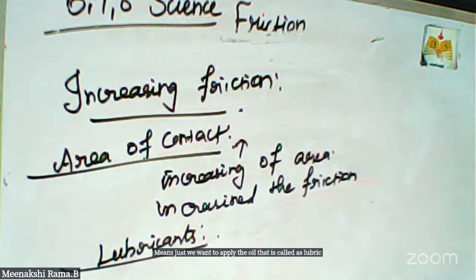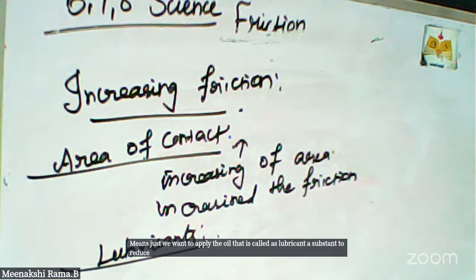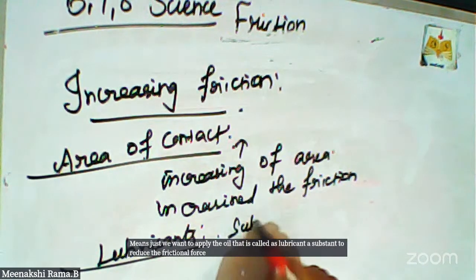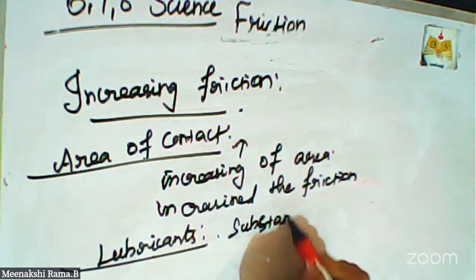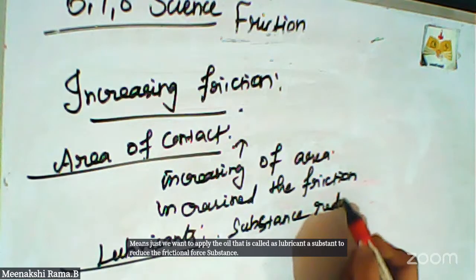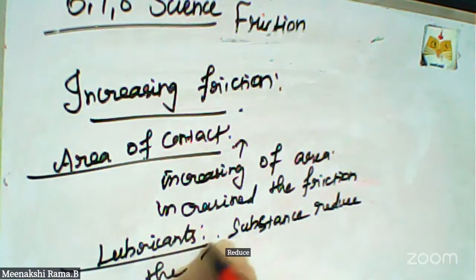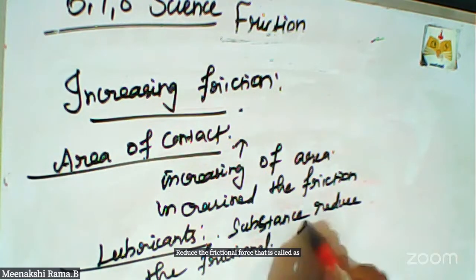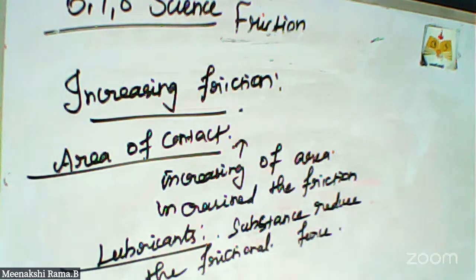A substance that reduces the frictional force is called a lubricant. Examples of lubricants are grease, coconut oil, and castor oil.